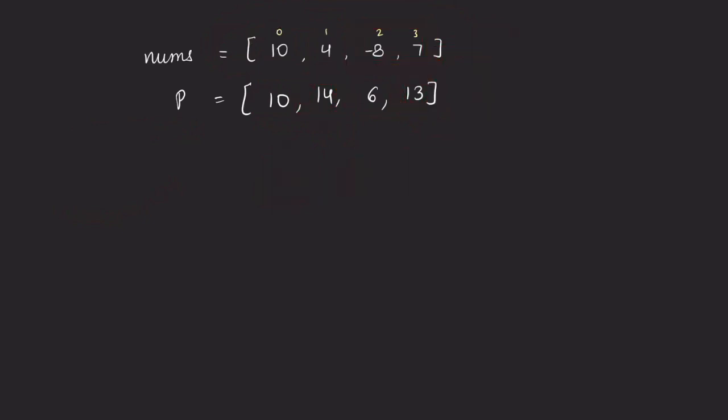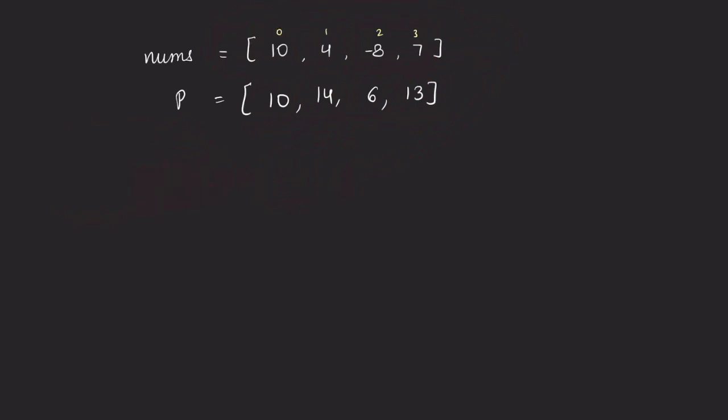So with this prefix sum array, we will be able to identify the sum of the left and right subarray in constant time, and our time complexity will be reduced to linear, right? But now we have taken extra space for our prefix sum array, so our space complexity will also be order of n.